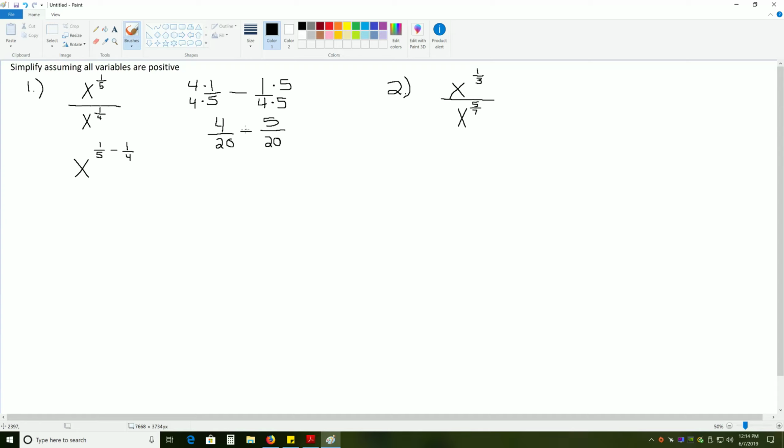Since we have the same denominator and we're adding or subtracting, we just keep one of the denominators and add or subtract the numerators. So we have 4 minus 5 all over 20, which gives us negative 1/20.